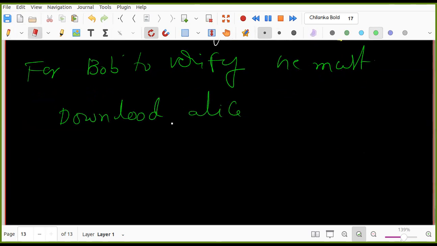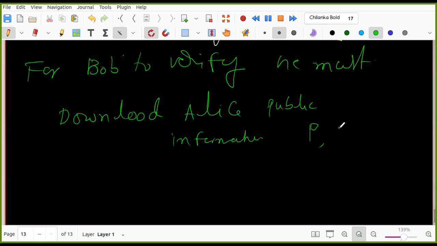Not only Bob, anybody can do this. That is the thing here. The public key information is public. What is the public information? P, Q, alpha, and beta.